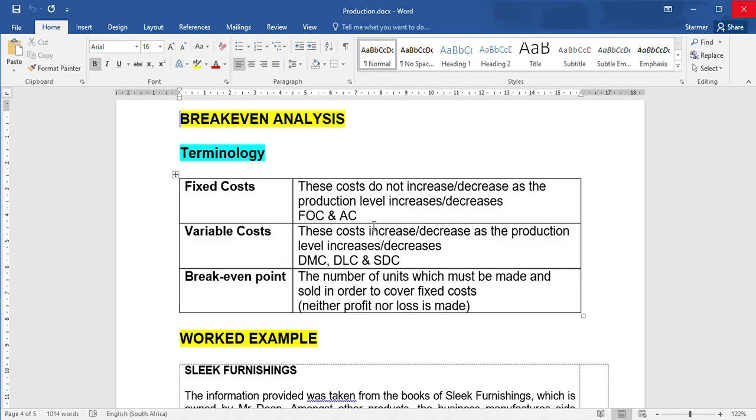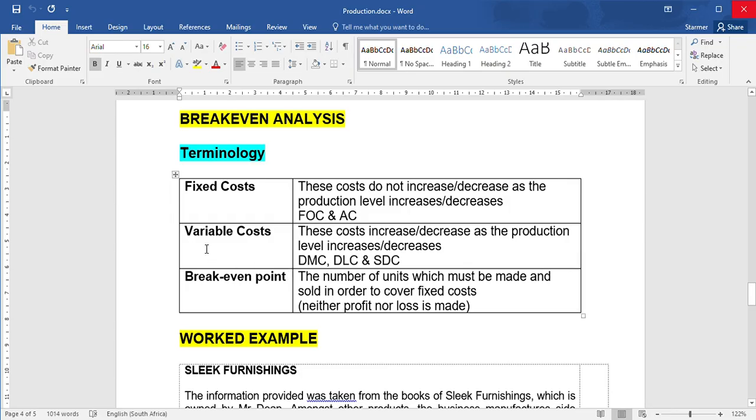So, for example, something like electricity. If you're making more products, you're going to spend more on electricity. However, at school level, we disregard all factory overhead costs as fixed to simplify it. Admin costs are also the same. You pay the same rent, the same insurance, etc., irrespective of the number of units you're making.